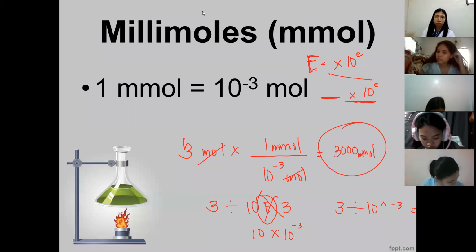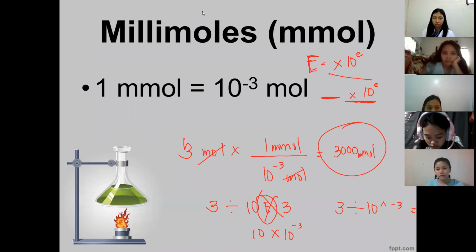So again, your answers are correct. We have 3,000 except doon sa nabaliktad ata. Millimoles over nabaliktad ata nasa taas si mole and then si millimole ang nasa baba kaya naging 0.03 and some of you answered 0.01.